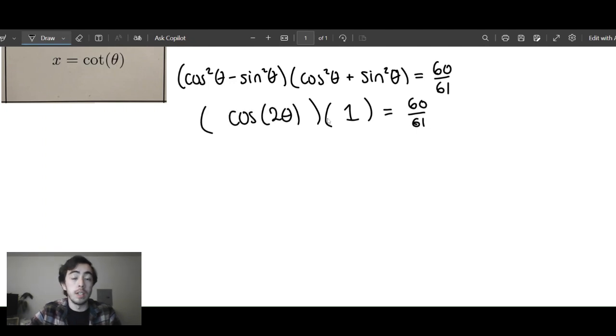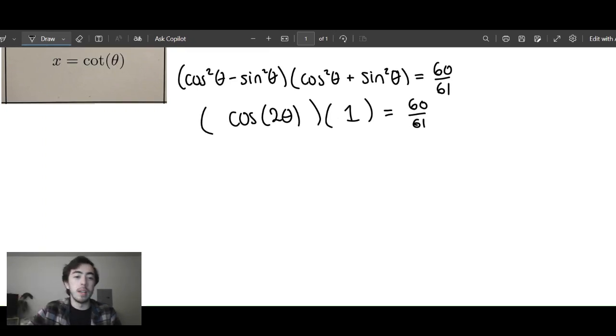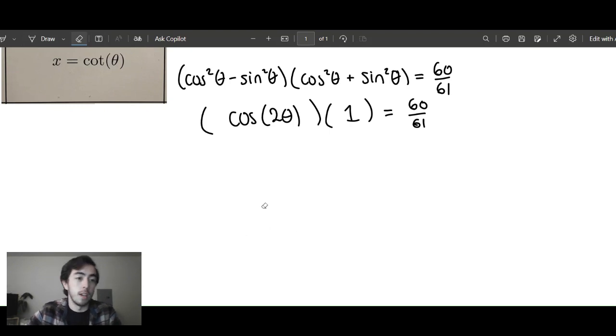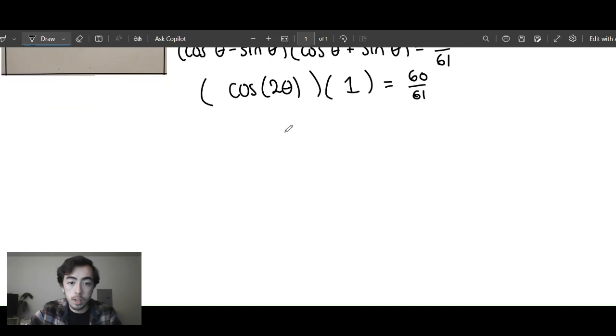This is something called a double angle identity, and there are a few different double angle identities for cosine, and then there are a lot of double angle identities for other trig functions like sine and tangent. But for today, I'm using this double angle identity for cosine, and it's just a pattern that I've recognized after working in trig enough. So it looks like cosine of 2 theta is equal to 60 over 61.